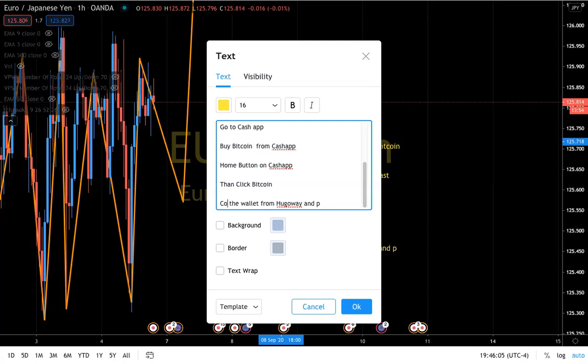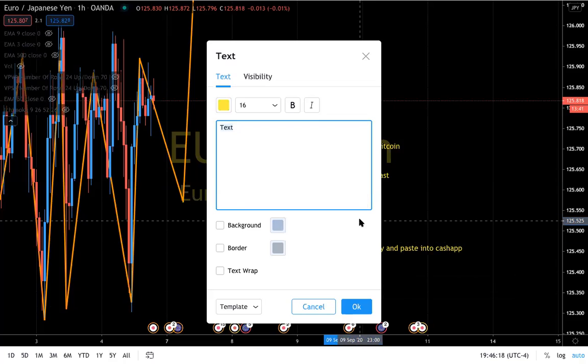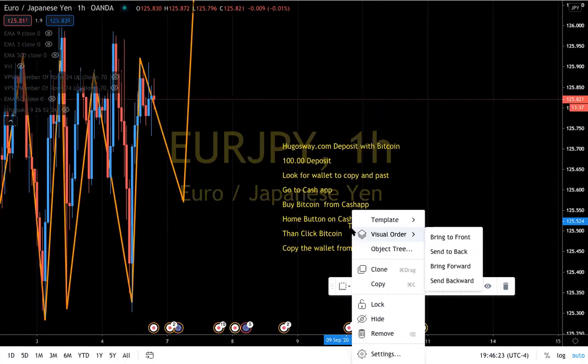Copy wallet from Hugo Way and paste into Cash App. And then it takes like 10 minutes for it to actually get into your account.